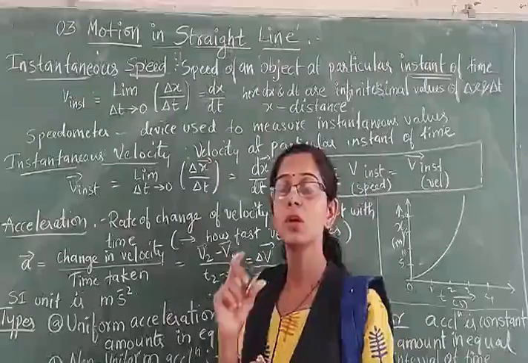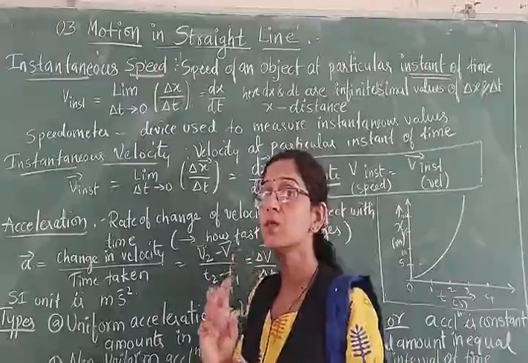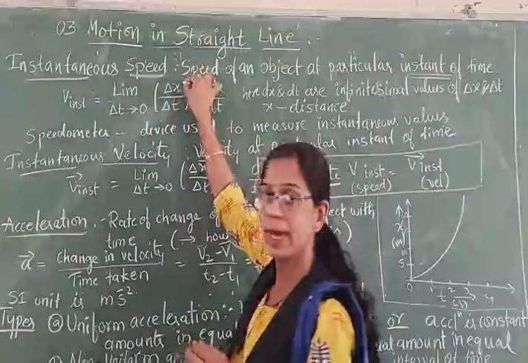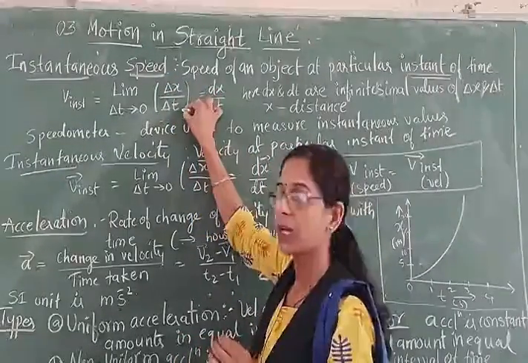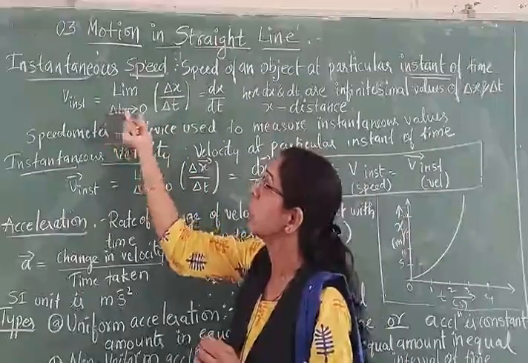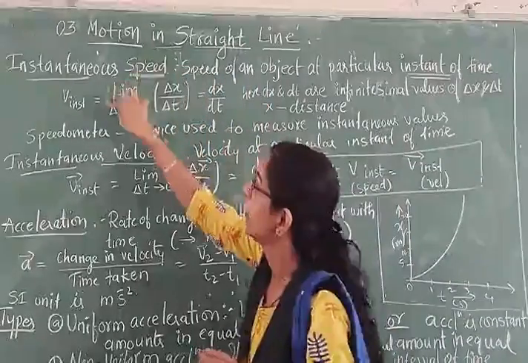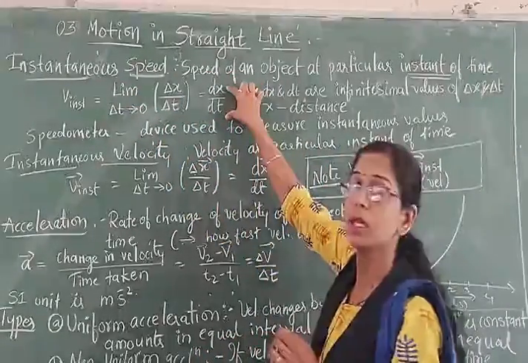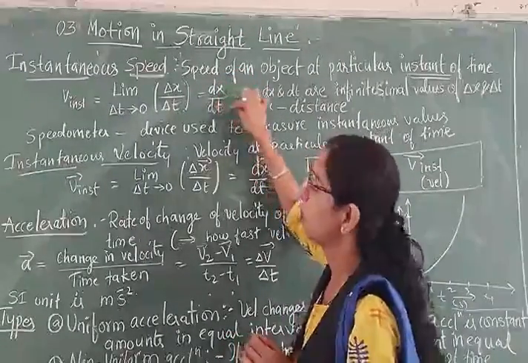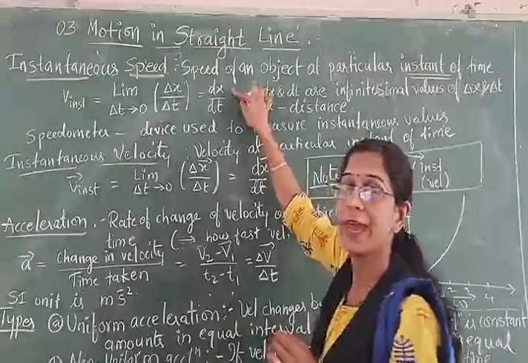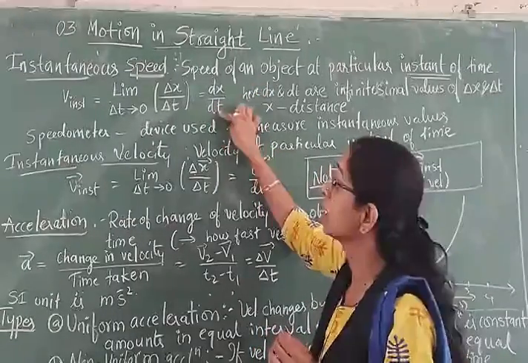So this will give you a limiting coefficient. When I apply the limiting coefficient, I will get a very, very small value. I apply this to delta x, which is your change in distance, with respect to time. When this time interval becomes almost 0, I get a value. When I apply a limit to something, I obtain a differential value of that variable. So dx upon dt is the differentiation of x, the distance, which depends upon time t.